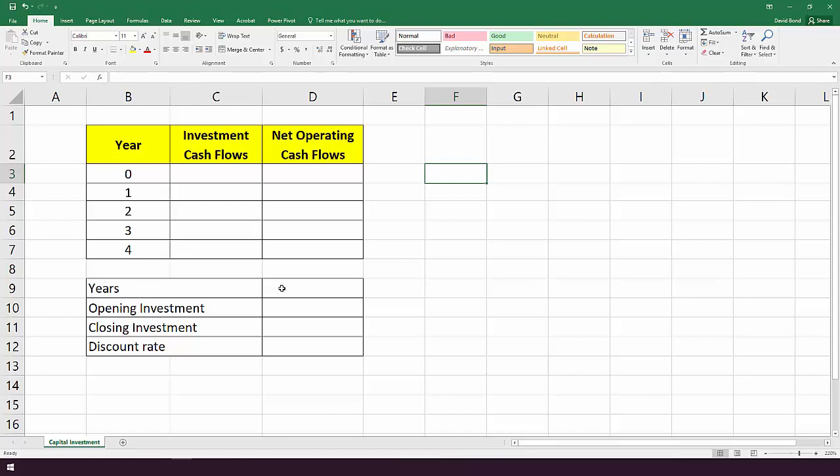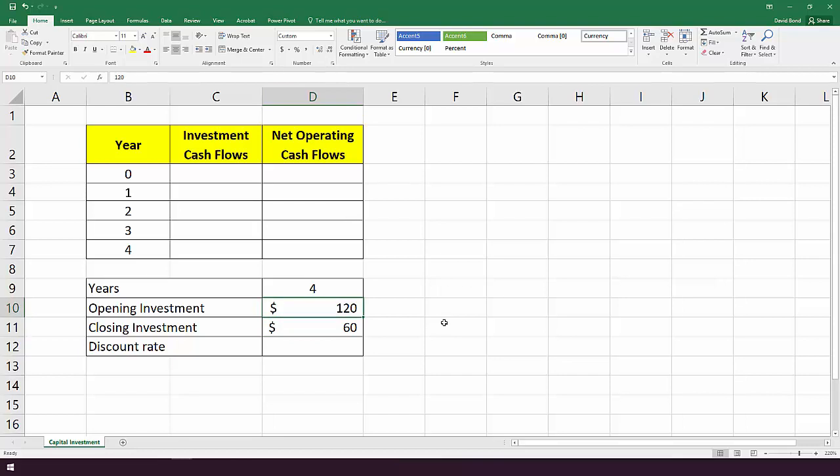So this particular investment lasts for 4 years, and the opening investment is 120. Now, whether it's 120 million, 120,000, it's pretty immaterial at this point. It finishes with 60. So what this means is they're buying a particular piece of machinery.